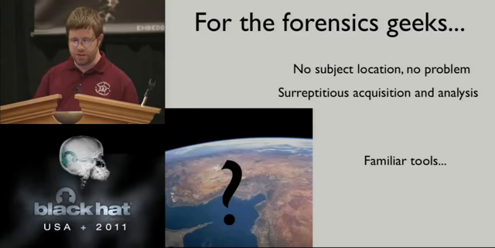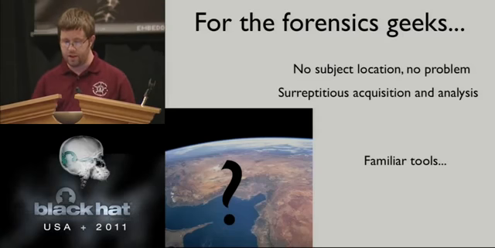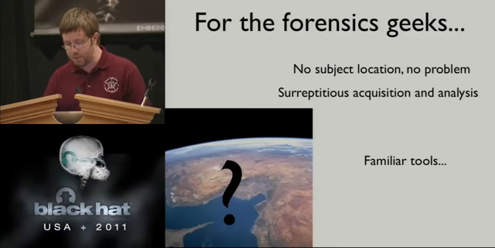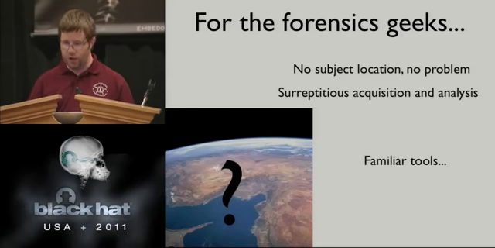We can do this acquisition and analysis in a way that the suspect may not necessarily realize that they've been acquired and analyzed. And this may be important in some situations. In a lot of situations, it's not. I mean, the general procedure typically is to have a suspect and get your warrant, with the location and exactly what you're going to search and seize, and then you go in and take their stuff, or you do an on-site examination.